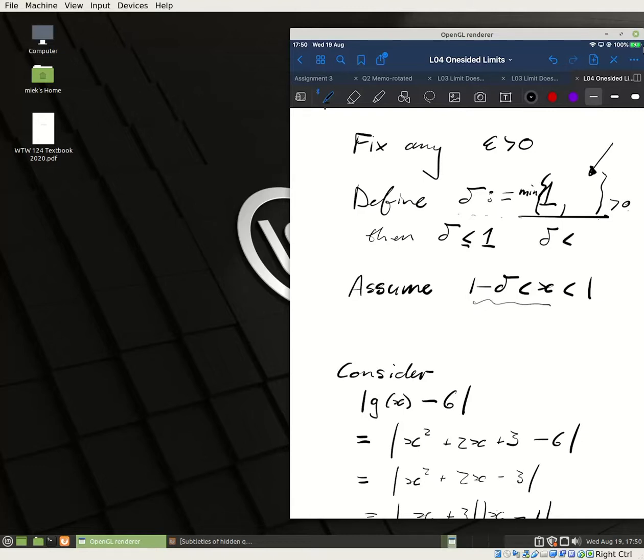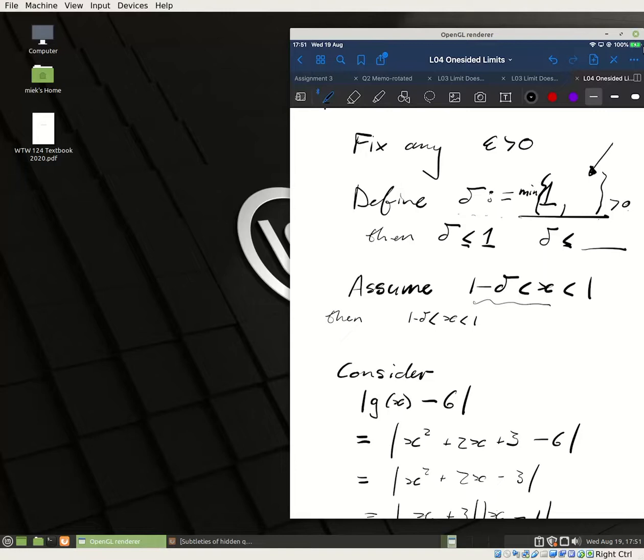And if we assume that delta is less than or equal to 1, then we automatically get that x is less than 1 but greater than 1 minus delta.